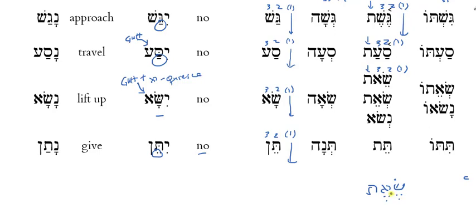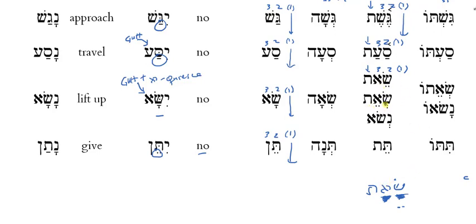And what seems to have happened here is that the aleph has quiesced, and so the vowel goes away, and then the segol compensatorily lengthens into a long tsere. Okay? So sete, that's one form for the infinitive construct.